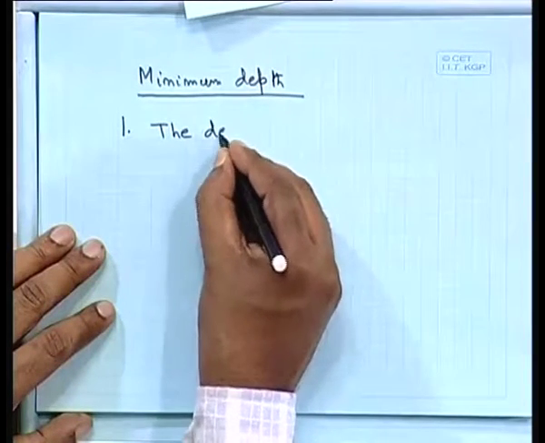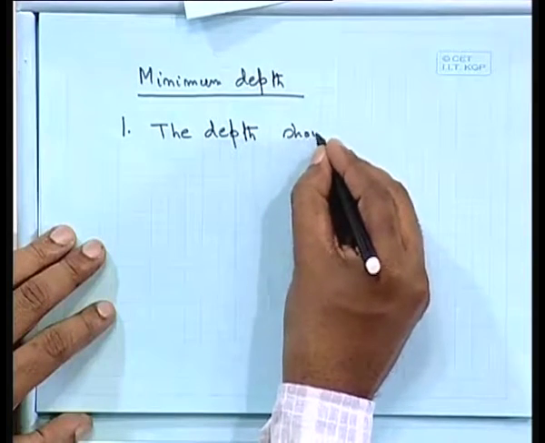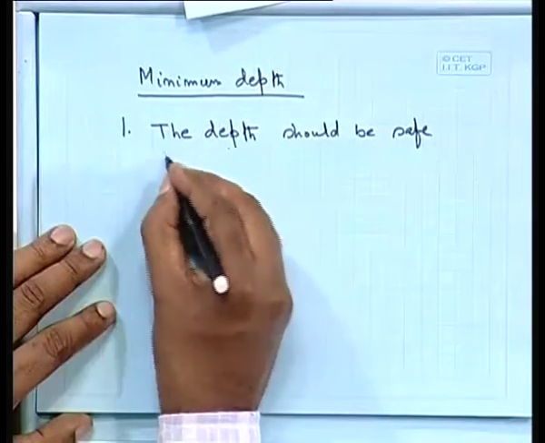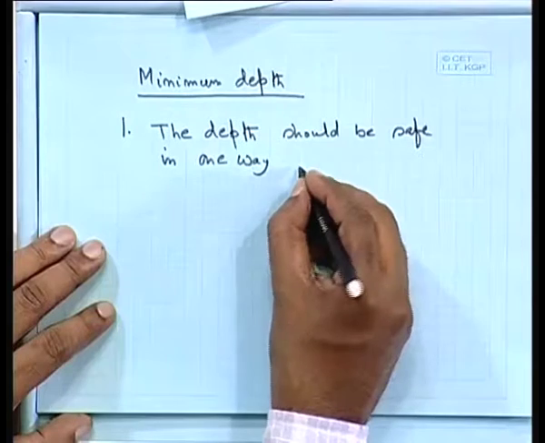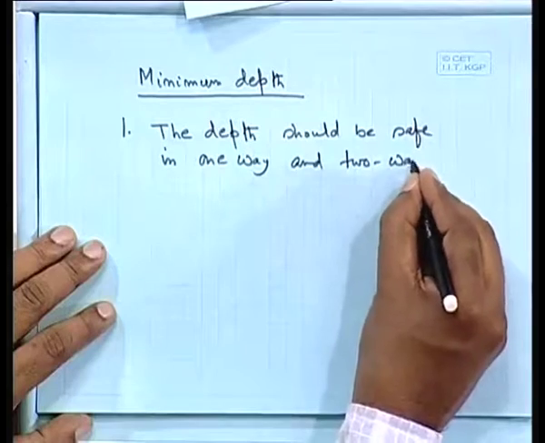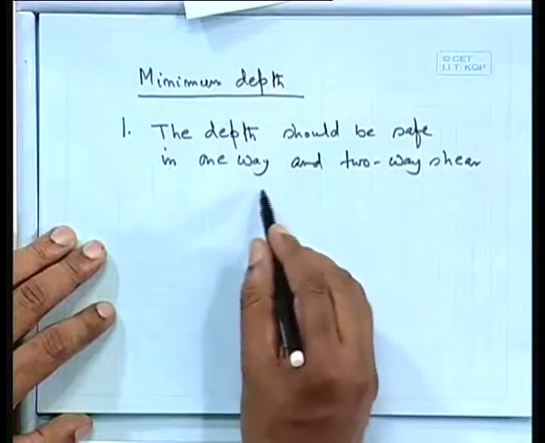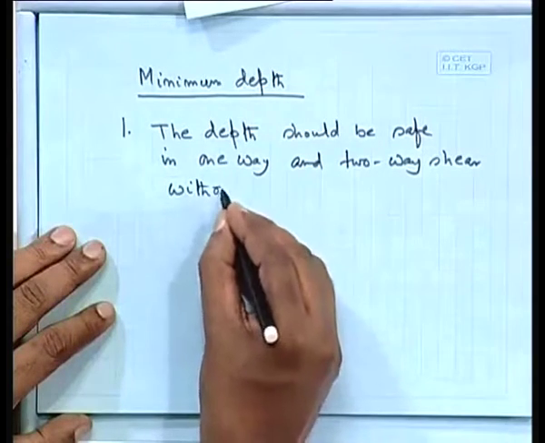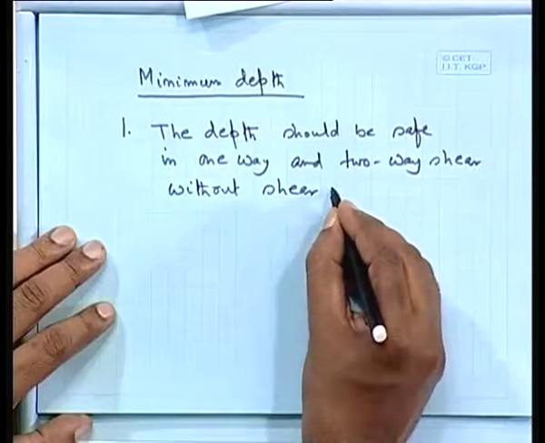Let us at least write down the minimum depth. The depth should be safe in one-way and two-way shear, without shear reinforcement. I have already told this, but let us just write it down.